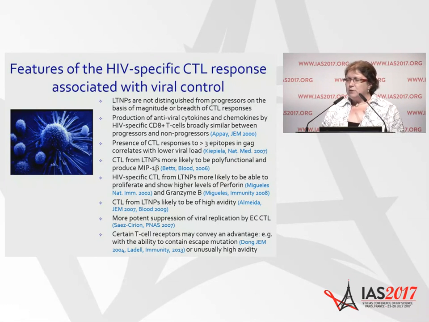And in particular, what seems to prove quite a useful readout in a number of situations, increasingly in vaccine studies, is the ability of T cells to suppress viral replication in vitro. And this may be related to selection of particular T cell receptors.